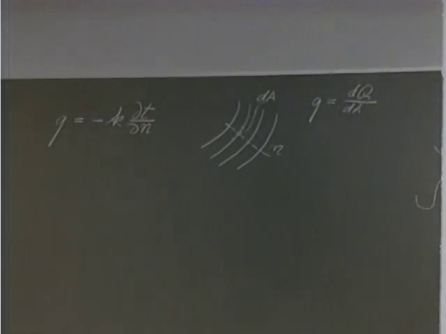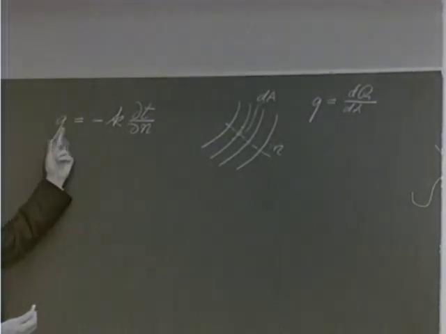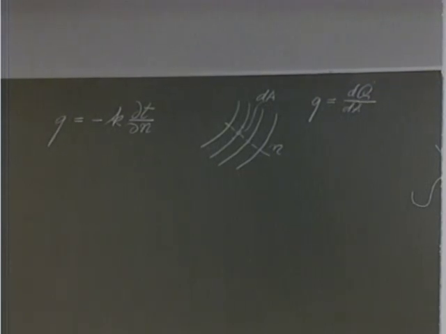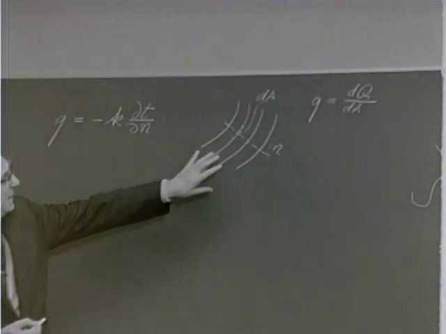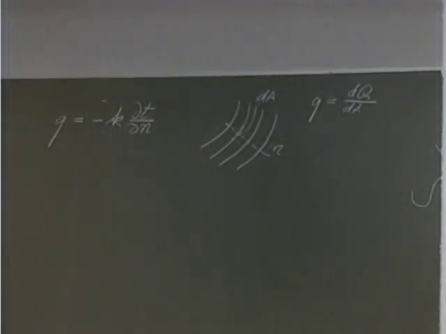So if we knew the temperature field, we could calculate the heat flux with this equation at any location. In general, we don't, and one purpose of the analysis is to determine the temperature field in various bodies.